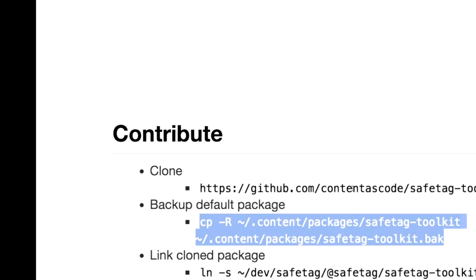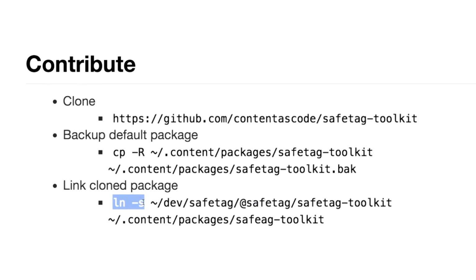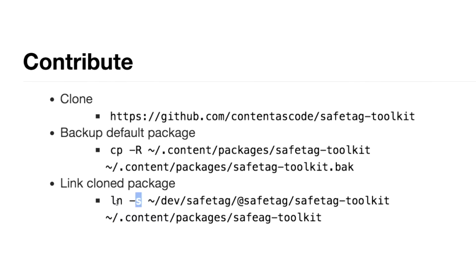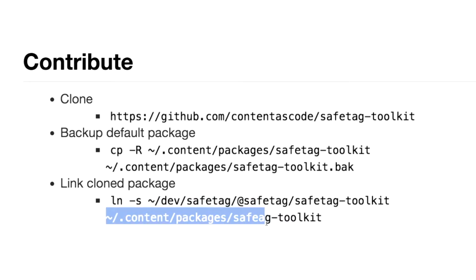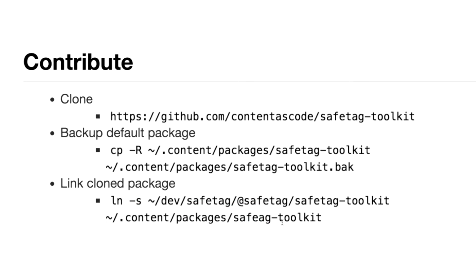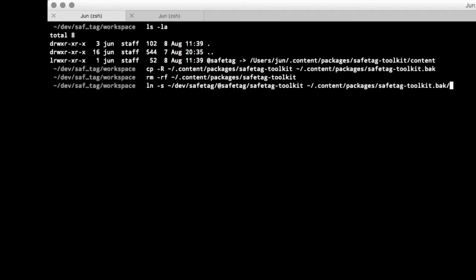All right. So now we are going to create a symbolic link, with -s here, from the cloned version of Safetag Toolkit, which you've seen I've cloned in this folder, and we are going to link this to the Safetag Toolkit. It's a typo here. I'll fix that in a sec. Okay, so let's do the symbolic link here.